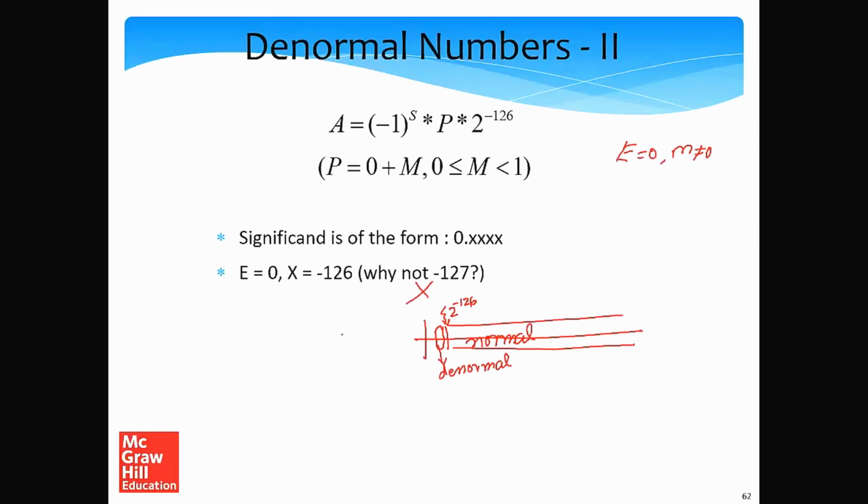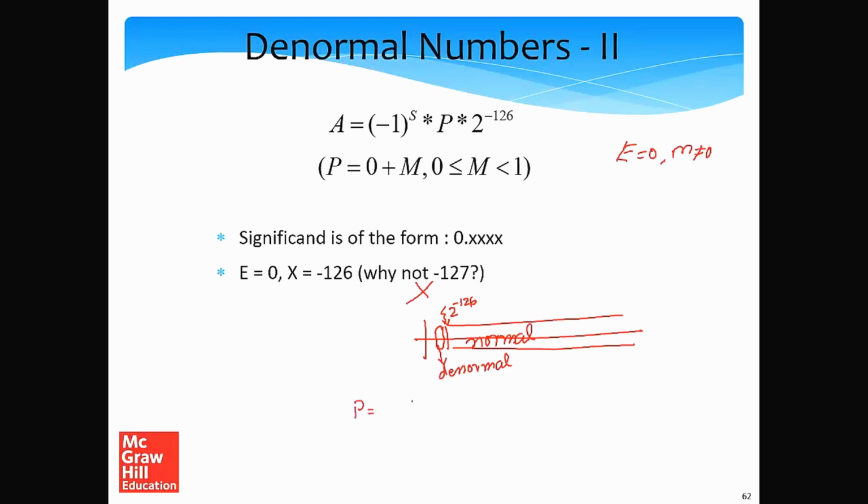To actually ensure that this is the case, we define a normal form of this type where the significand is assumed to be 0. So in this case, let's find out what is the value of the largest possible mantissa.